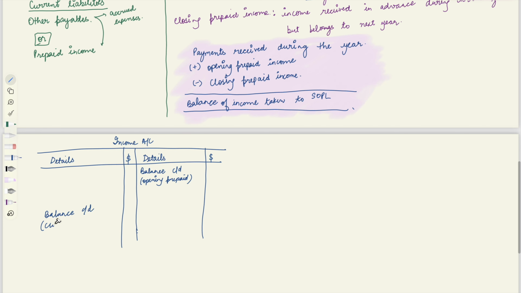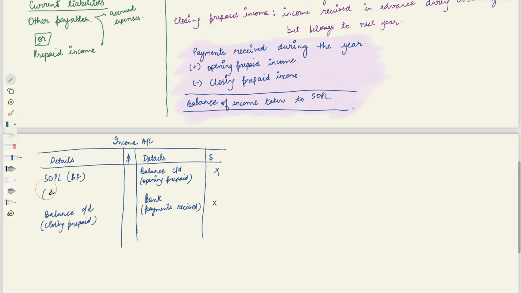So this is closing prepaid. Then obviously I would have received money, so bank debit and income account credit. Payments received, and then the balancing figure will be taken to statement of profit or loss.